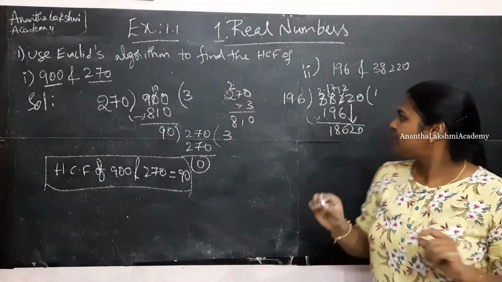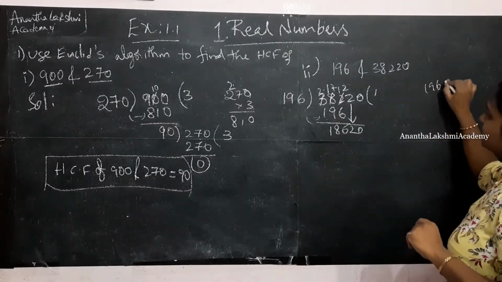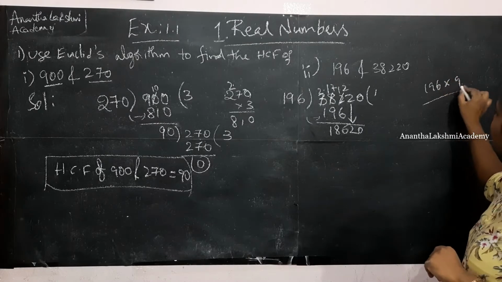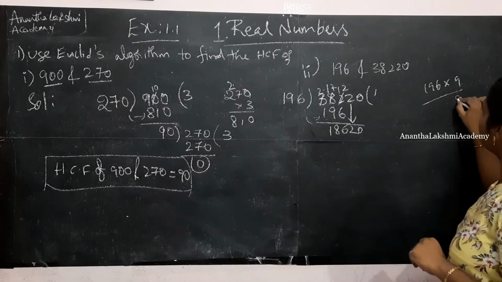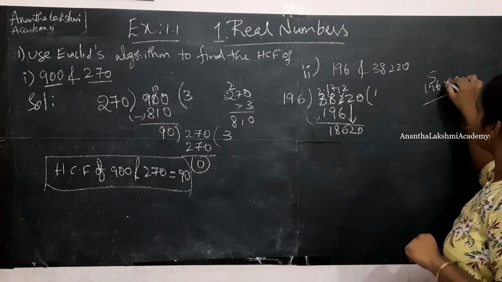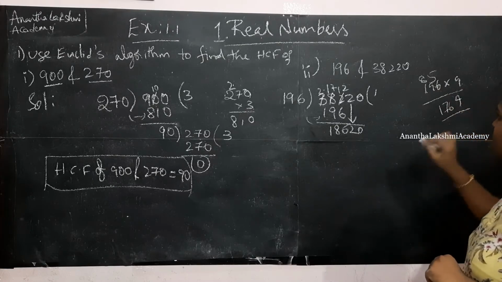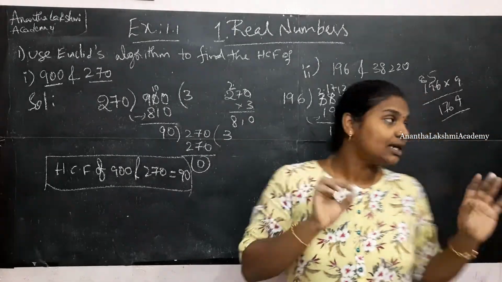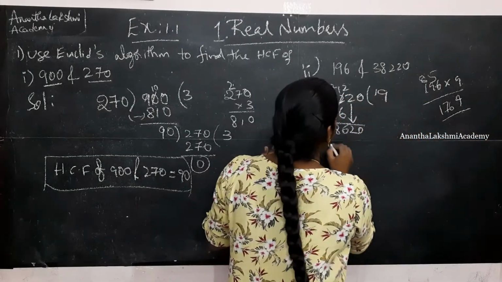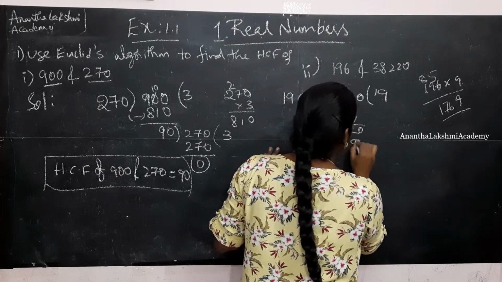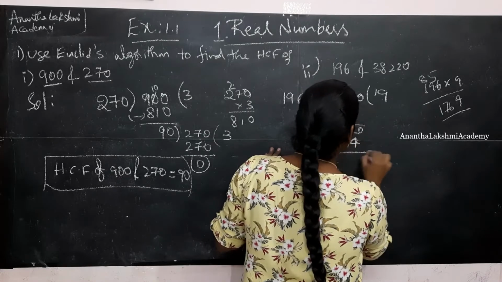18620. Let me try what 196 nines are. 9 sixes are 54, 9 nines are 81, 86, 9 ones are 9, and this is going to be 1764.